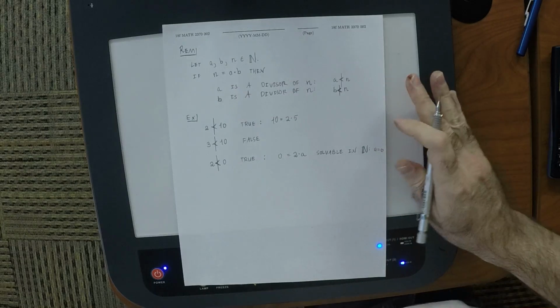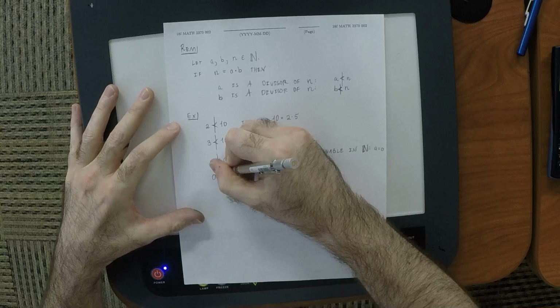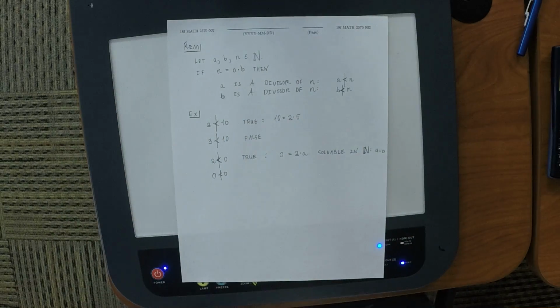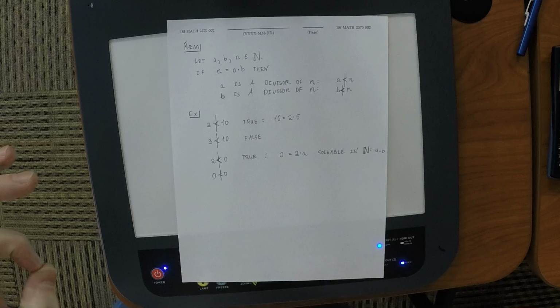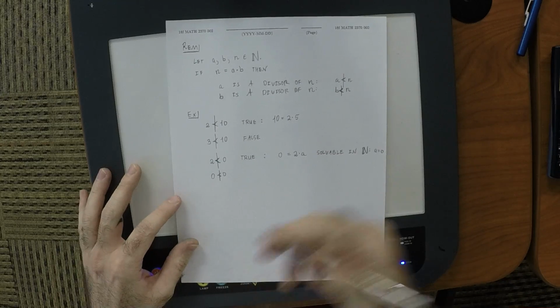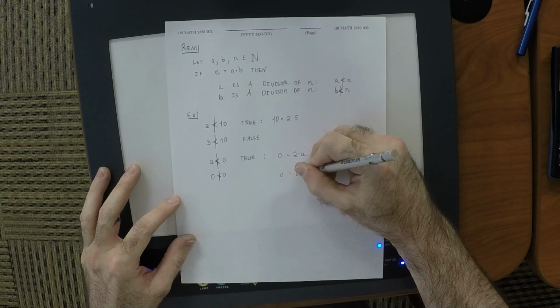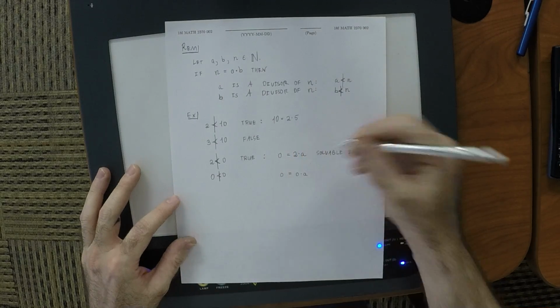All right. Does 0 divide 0? I'm not asking, can you do 0 divided by 0? That's not my question. What I'm asking is, is 0 a divisor of 0? Yes, because in the end, all I'm asking is, concerning this equation, is there a solution?